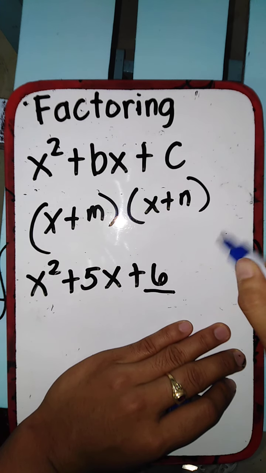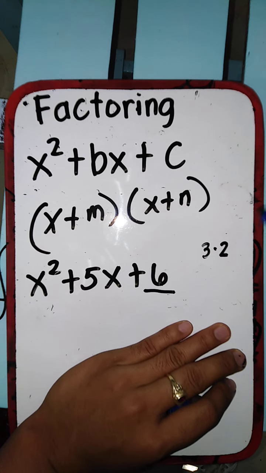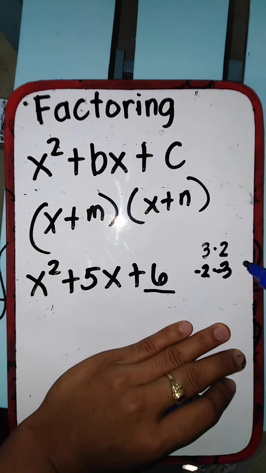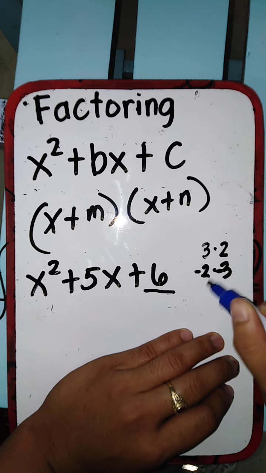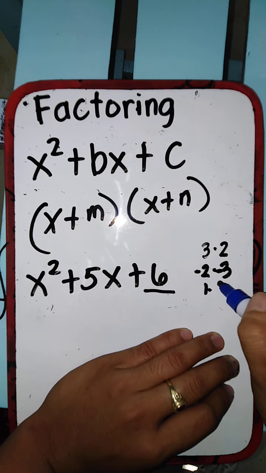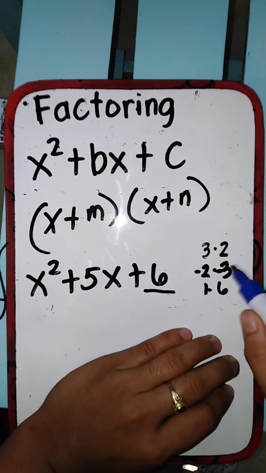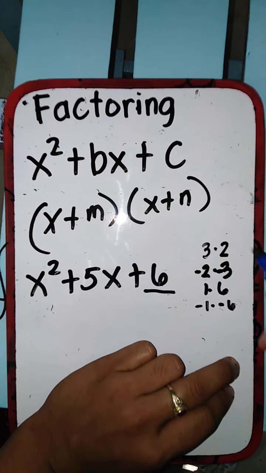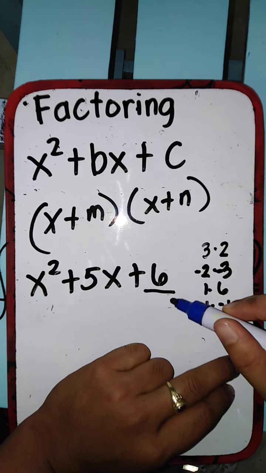We have 3 times 2, 6, right? We also have negative 2 times negative 3, which is also positive 6. 1 times 6 and negative 1 times negative 6. So these are the factors of positive 6.